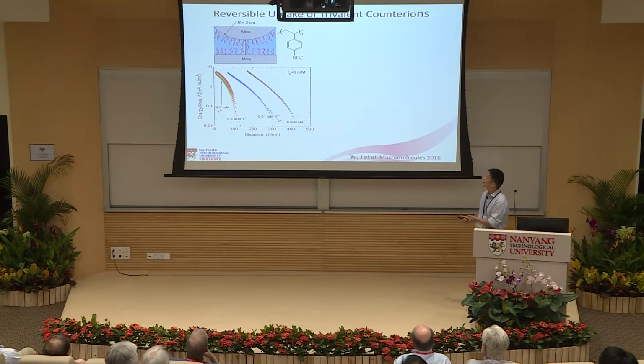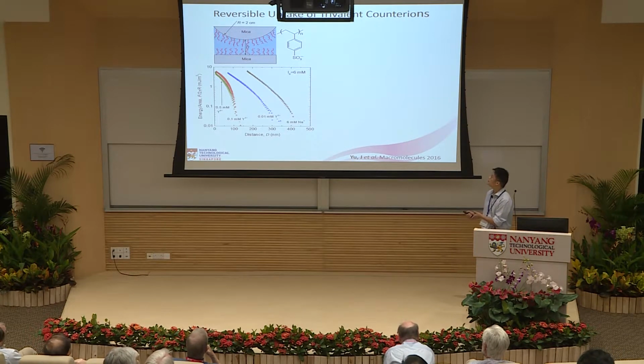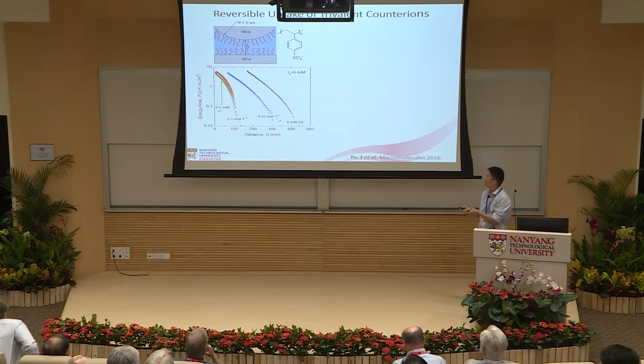So with ATRP, we can graft the PSS brushes on a mica surface with a fairly high grafting density, close to 0.1 chain per square nanometer. And when we measure the force-distance profiles with SFA, which measures the interactions between two PSS brushes, we see that again in monovalent salt, the force is purely repulsive and fairly reversible.